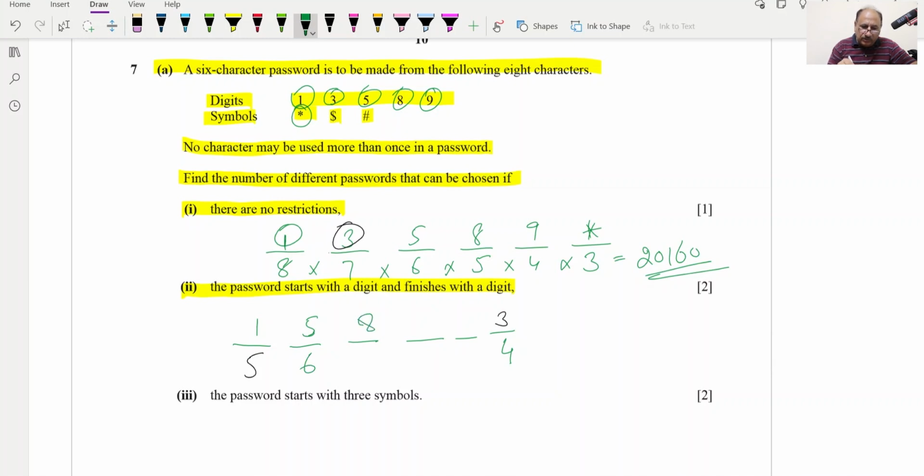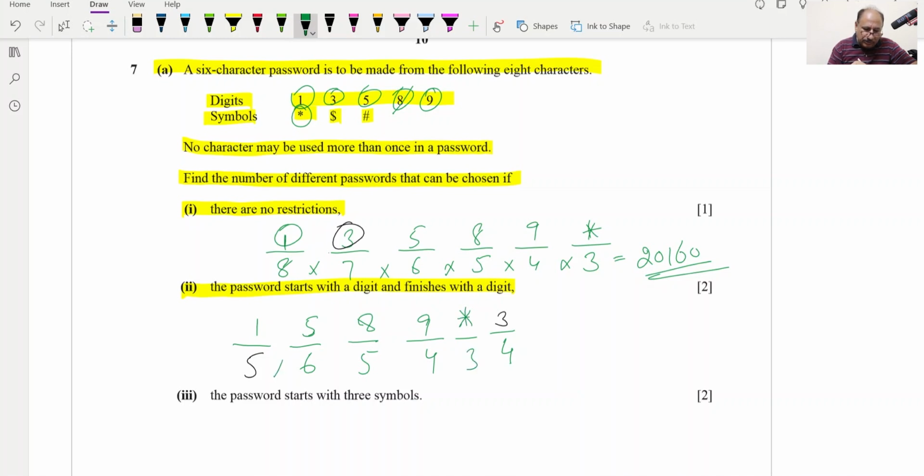Then 8 will have again 5 options, 2 from the digits and 3 from the symbols, and 9 will have 4 options, and static will have 3 options.